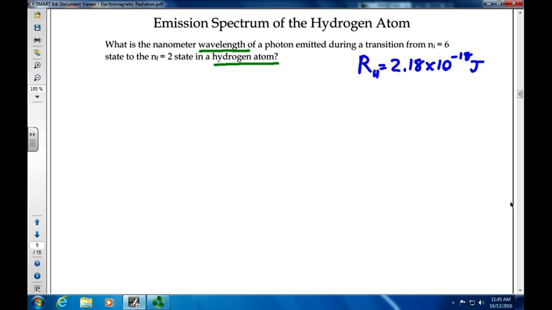So our change in energy for the hydrogen atom, whenever it is emitting a photon, is R sub H times 1 over our initial quantum number squared minus 1 over our final quantum number squared.